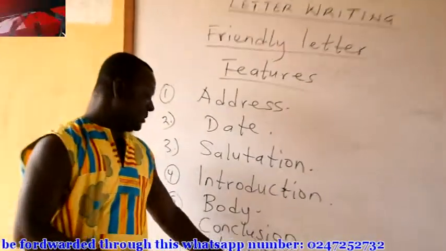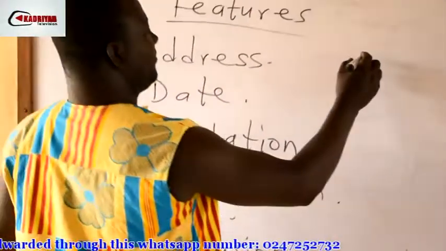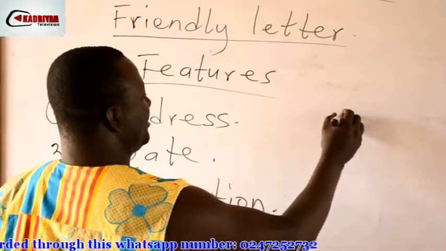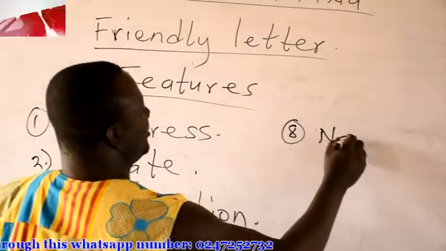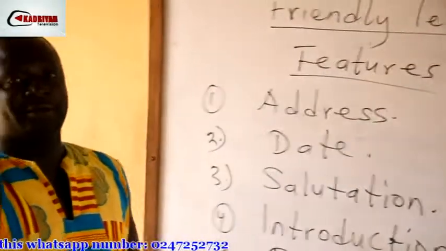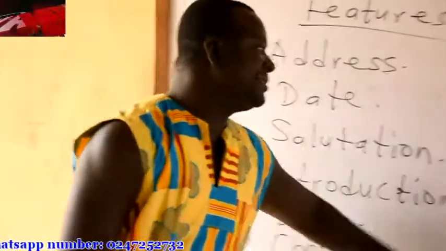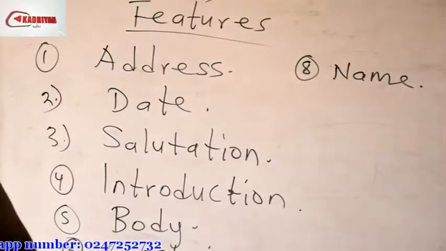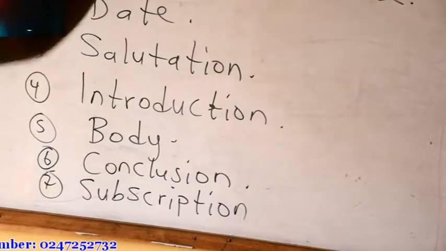So after subscription, we go to your name. So 8, your name. Then you finish. So when you get all this in your letter, then it means you are done with the letter. That is friendly letter.